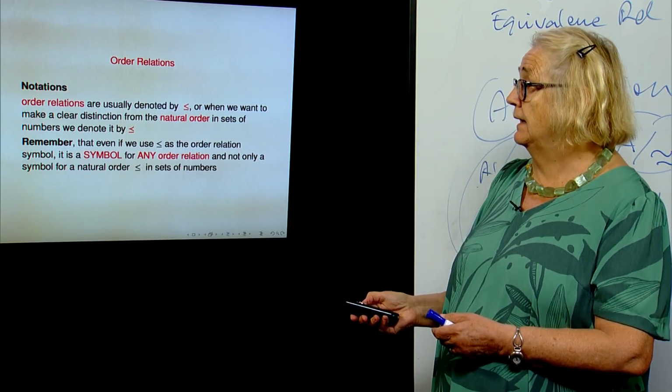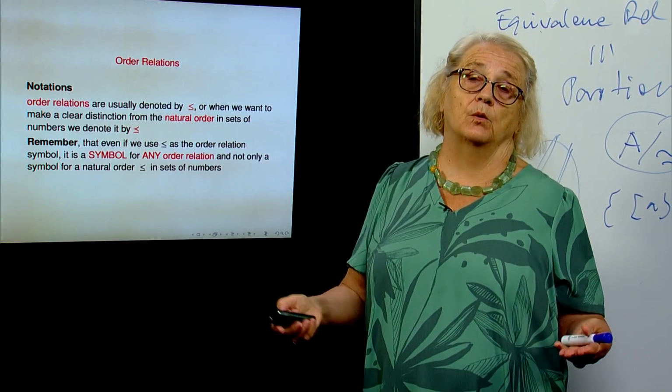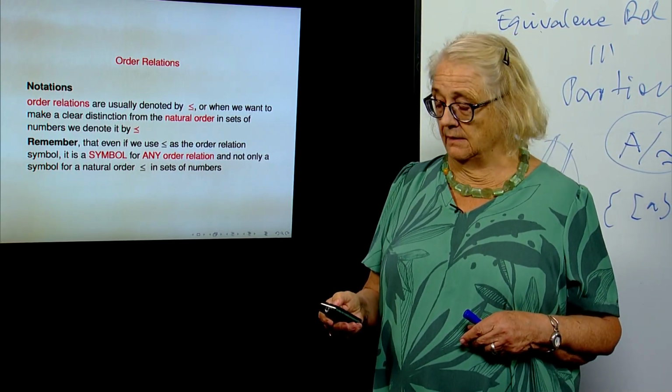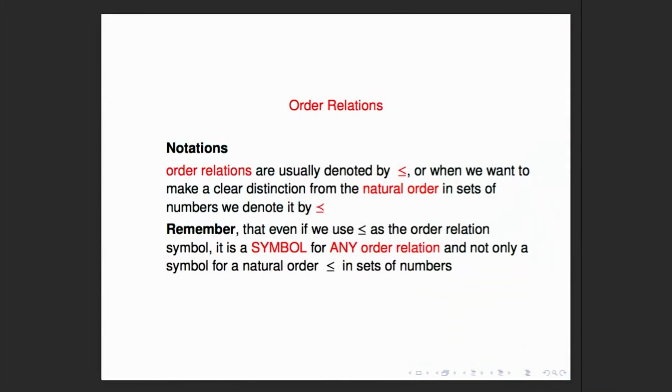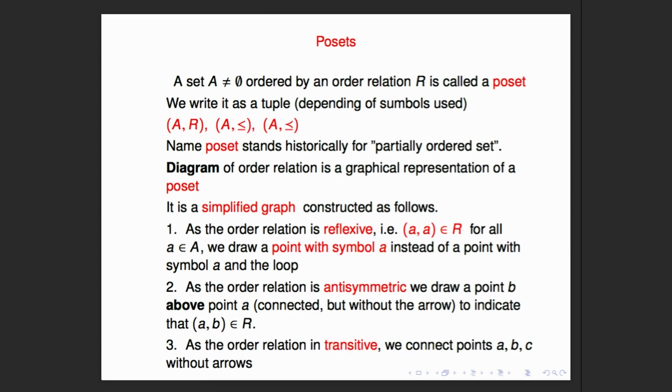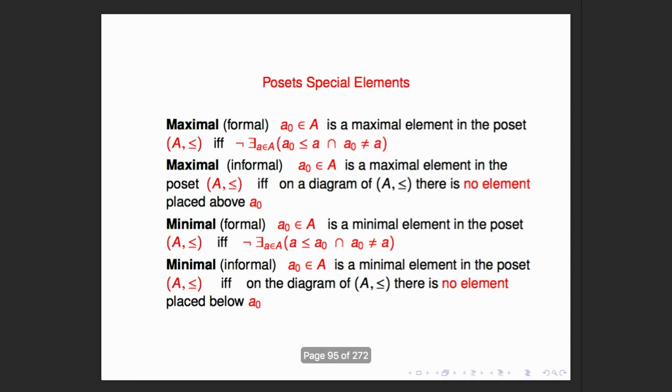And of course, there is a natural order in the sets of numbers, and we use that symbol often for any order relation, and we talk about graphs and so on, posets, special elements.